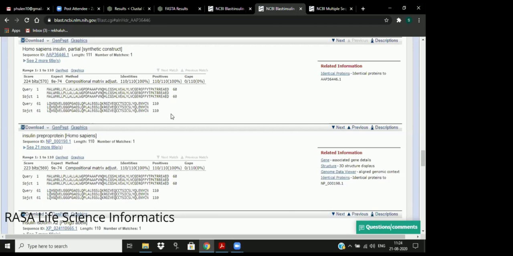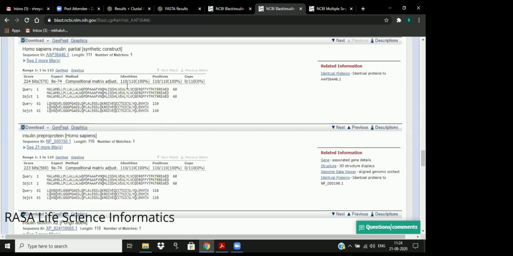So you see that throughout the first result, the result shows you all the alphabets only. This means that there is identity throughout the sequence of query and the subject. And that is very much evident.